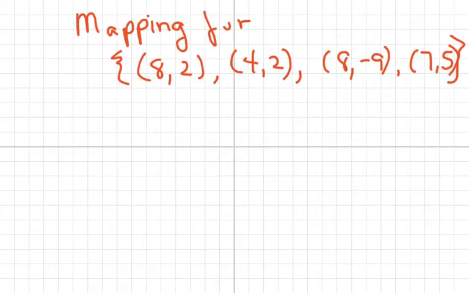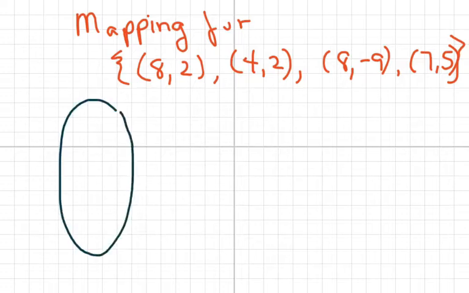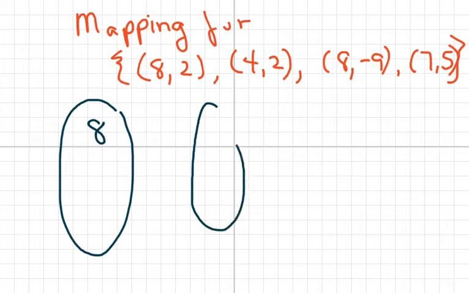Okay. Now let's complete a mapping here for this ordered pair. So basically, I'm going to write 8, and 8 gets mapped to 2. So I'm going to draw an arrow from 8 to 2. Now 4, so I have 4 here, and 4 gets mapped to 2 as well.